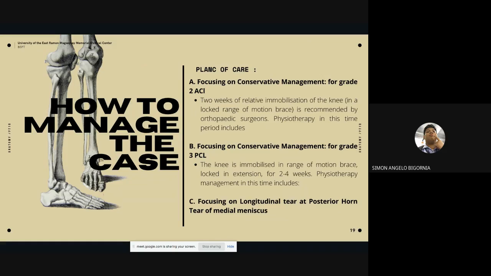For conservative management of grade 3 PCL, the knee is immobilized in a range of motion brace, locked in extension for 2 to 4 weeks. Physiotherapy management in this time includes activity modification and quadriceps rehabilitation, which includes isometric quadriceps exercise and straight leg raises or SLR.